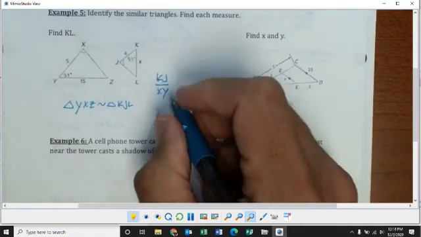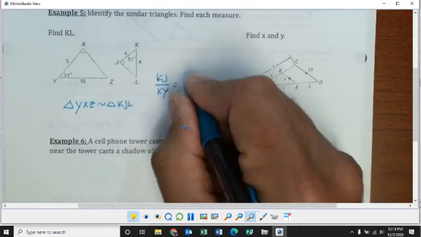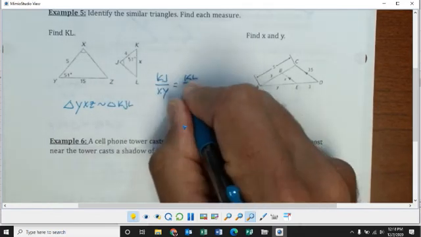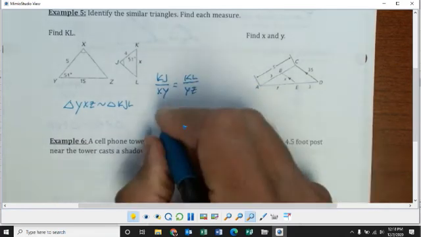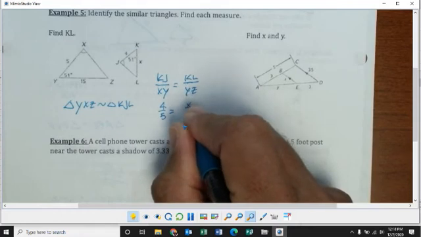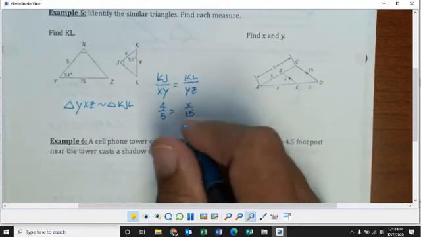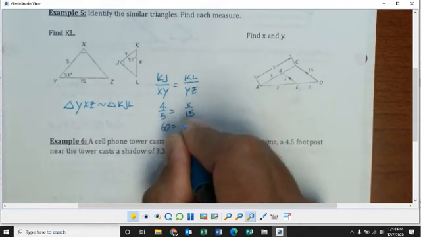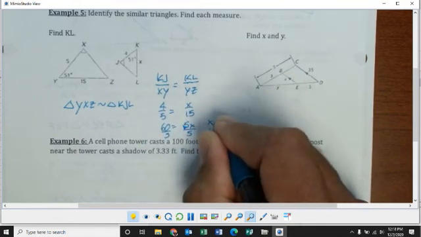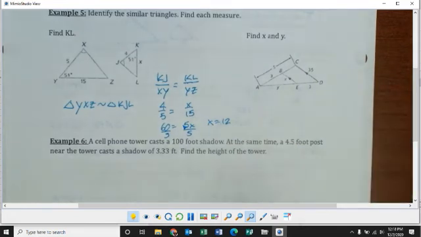Starts at 51, ends at congruent, is going to be equal to KL over YZ. So I can say 4 over 5 is equal to X over 15. Let's cross multiply and solve. I'm going to get 60 equals 5X, divided by 5. I'm going to get x equals 12. So there we go.